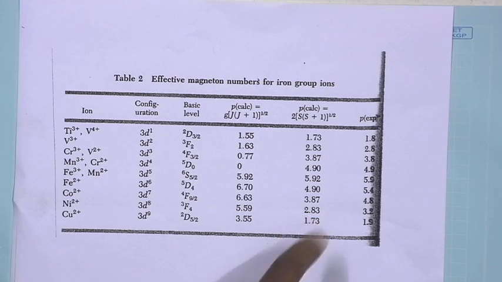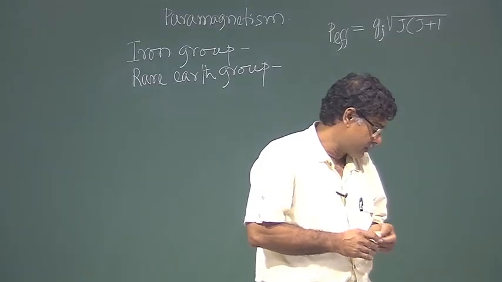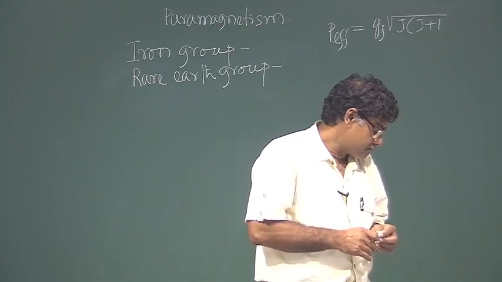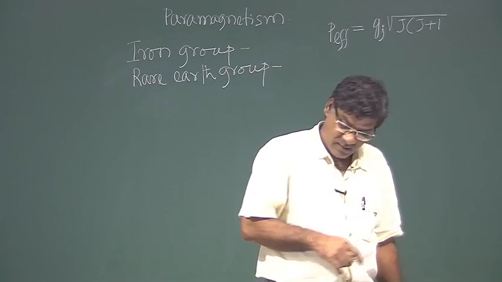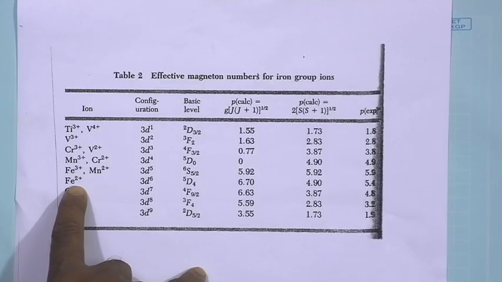Okay. So, just I will calculate one and show you. Let me take one example, iron 2 plus or 3 plus.